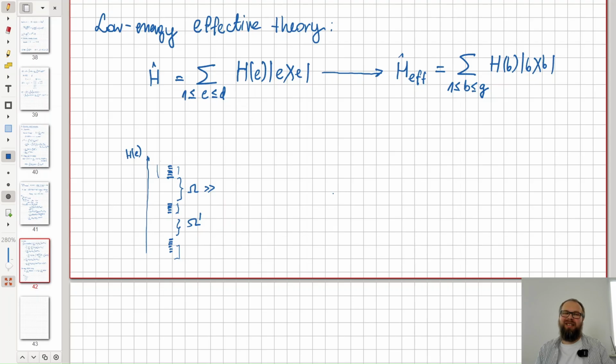If you initialize here, things will happen inside this block, because the differences between those energies are small in comparison to the gaps. But the transitions to the other blocks will be penalized by the tax of the gap.